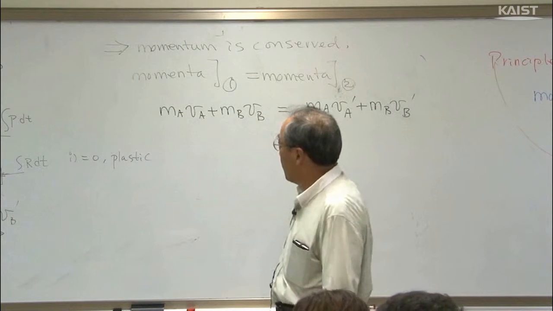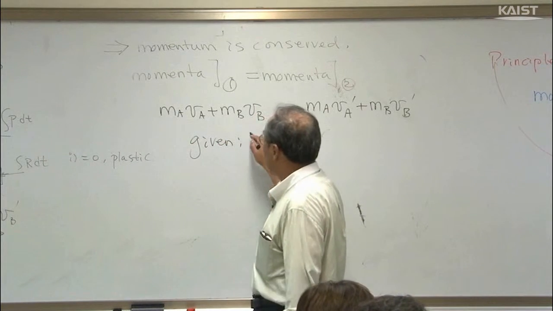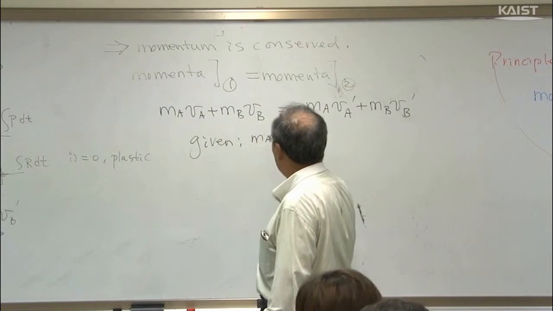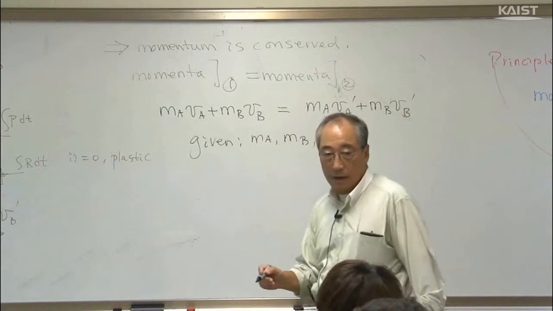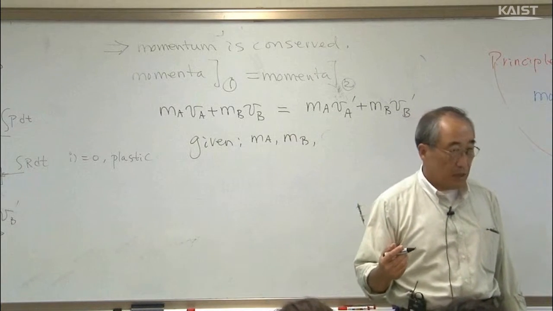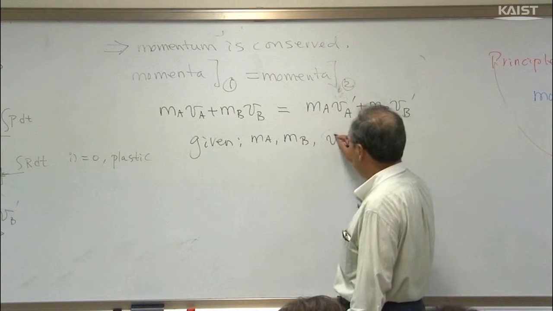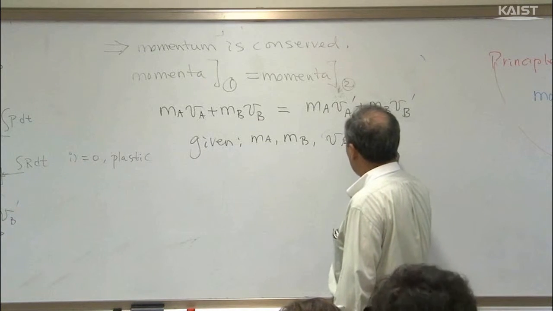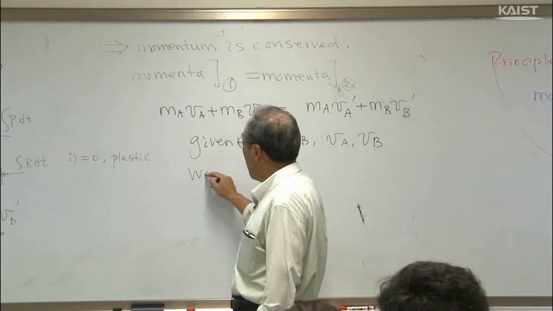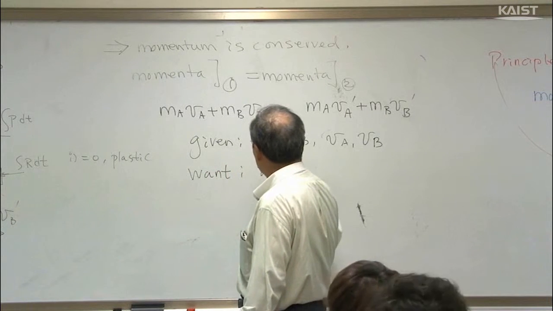Okay. And what is given is ma and mb. Normally, I do know the mass of A, I do know the mass of B, and I do know VA and VB, and I want to find out VA prime and VB prime.